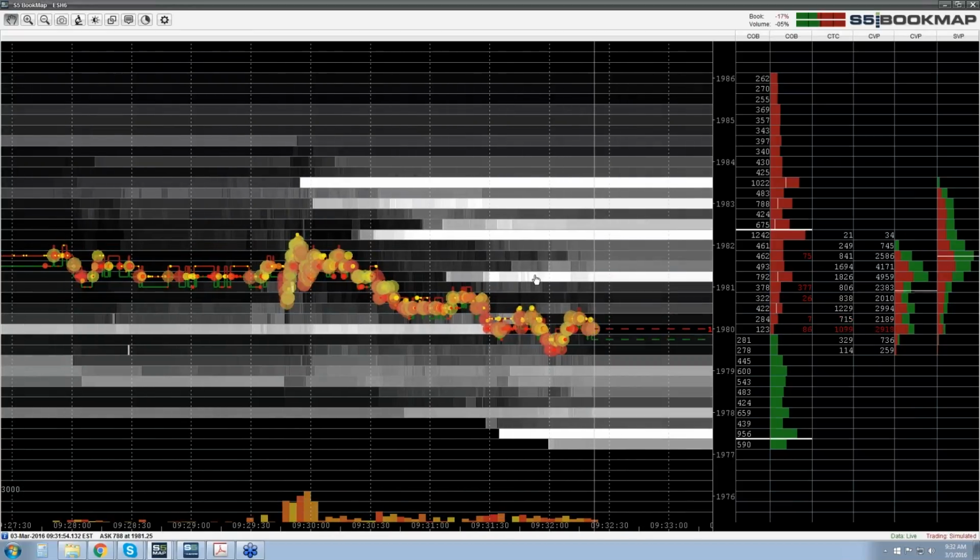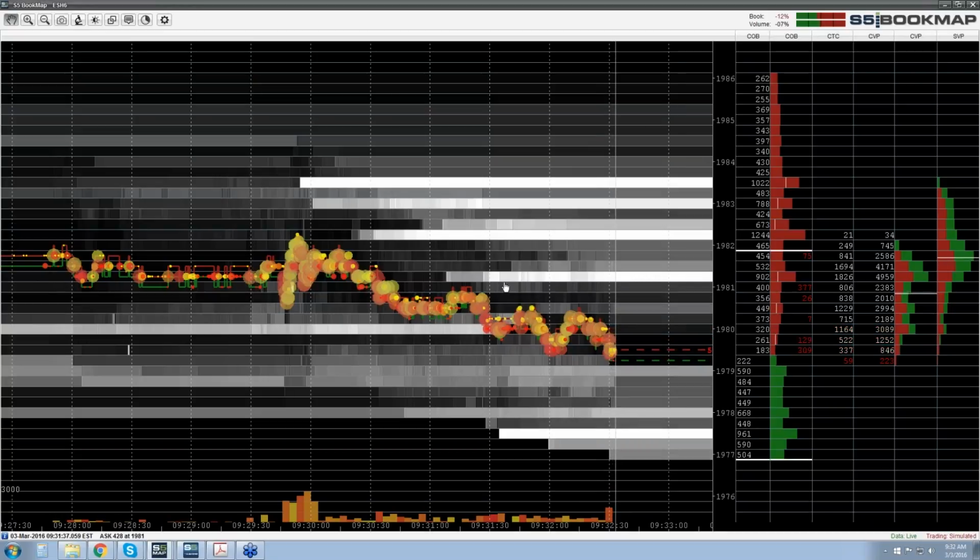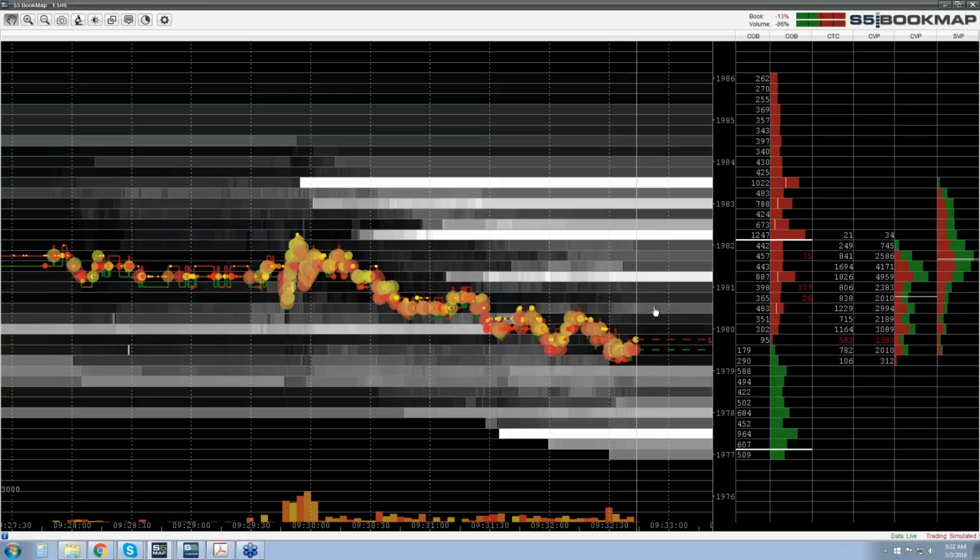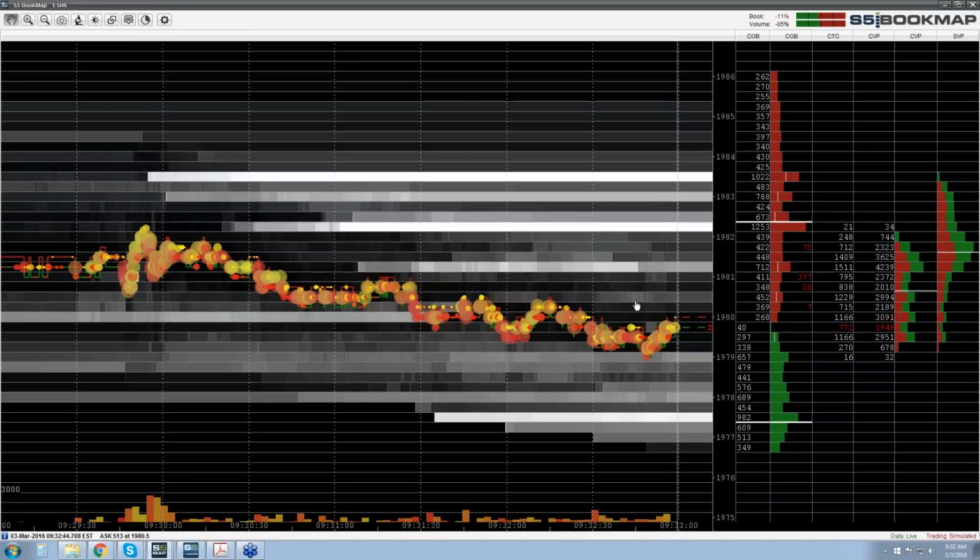I'm looking for these guys to lower that offer, and let's see if we get it here. Not really, not quite. You see some liquidity coming in here now. There they go. Aggressive buying though, a lot of buying taking place too.